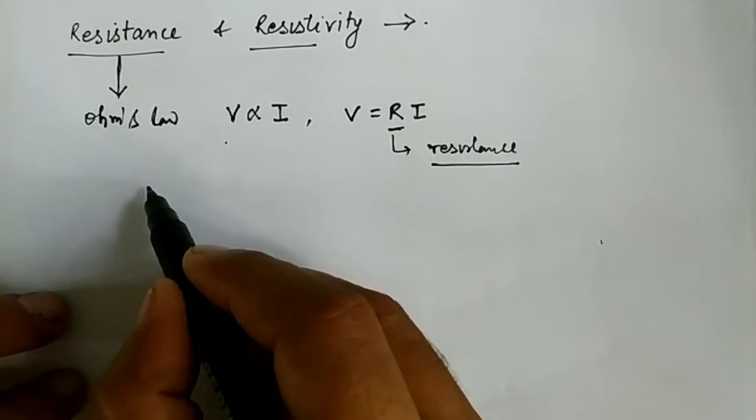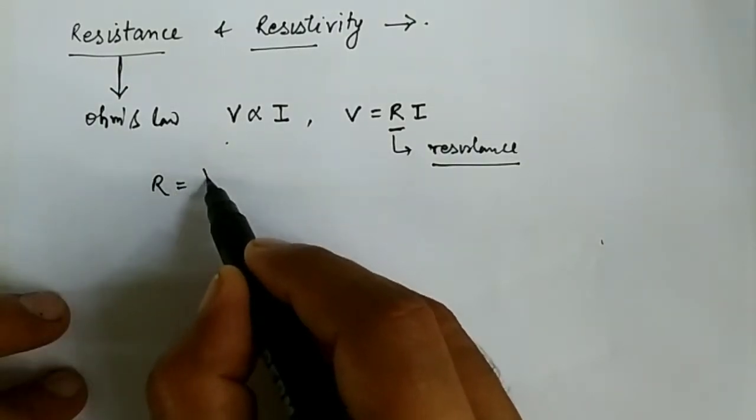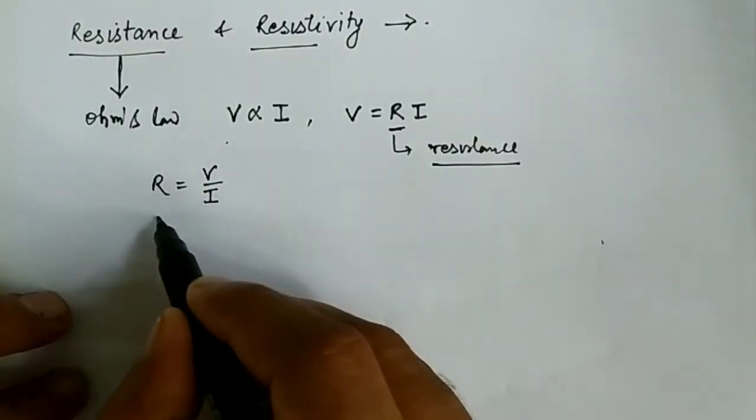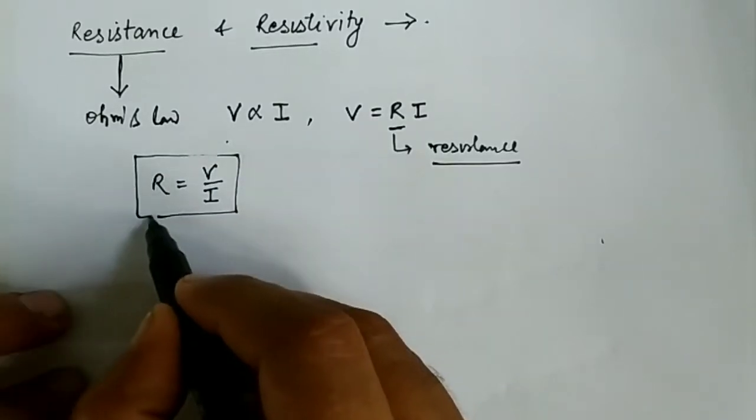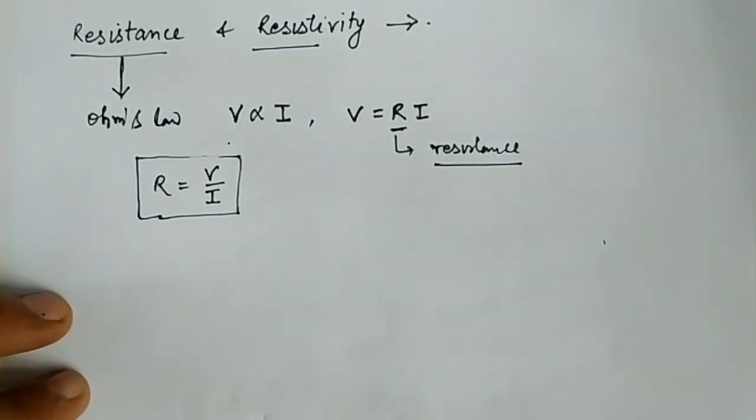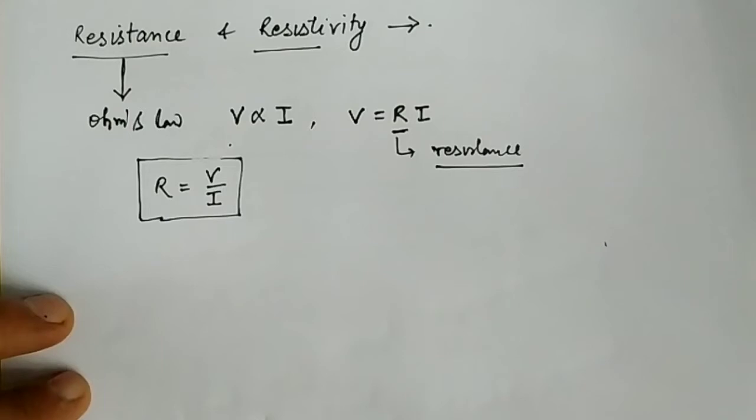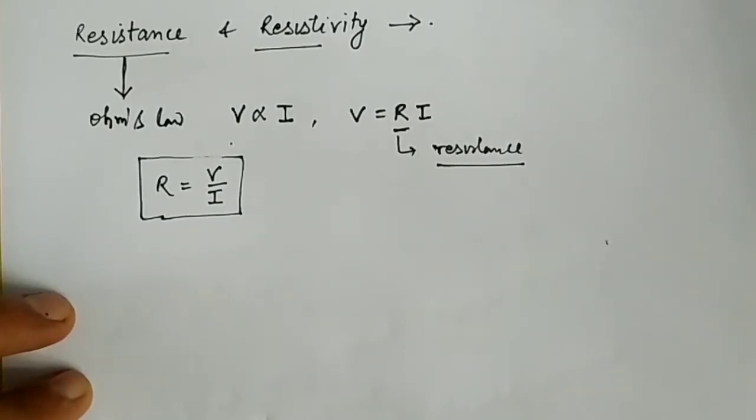Now from here you can see that the resistance is equal to V divided by I. Resistance is basically the ratio of electric potential drop per unit electric current flowing through a conductor.